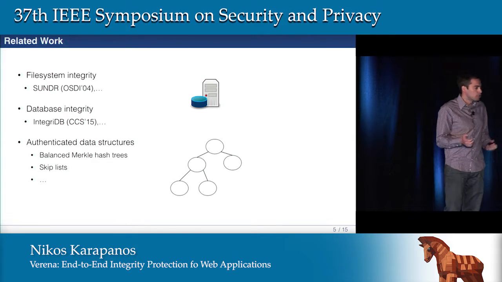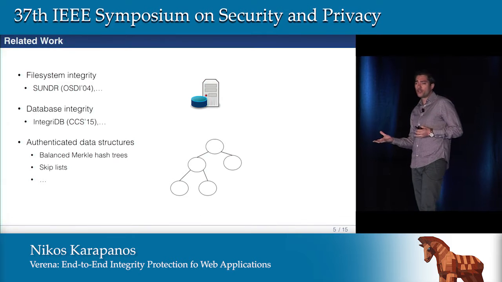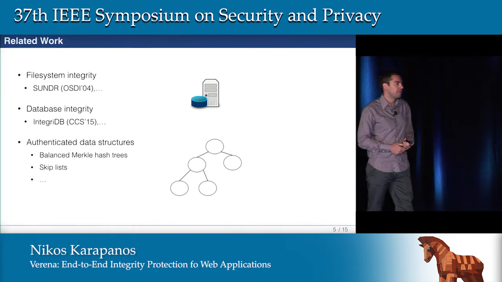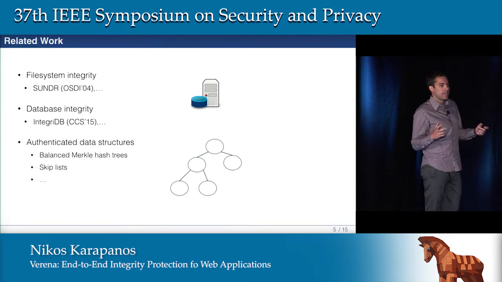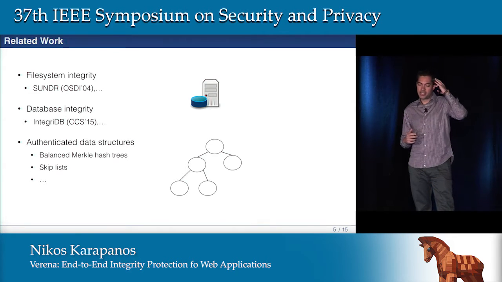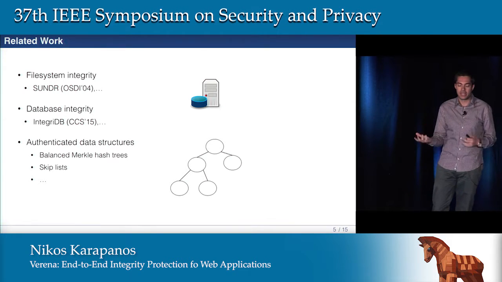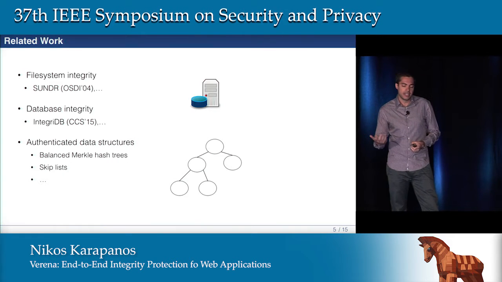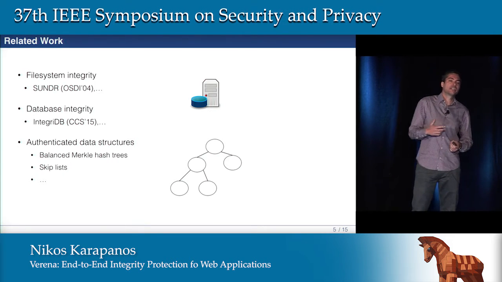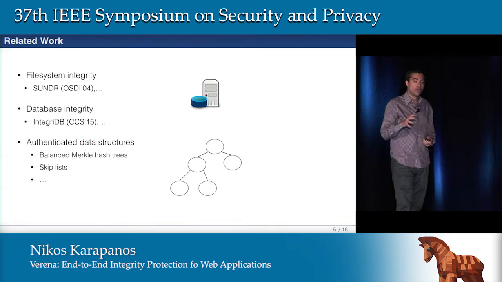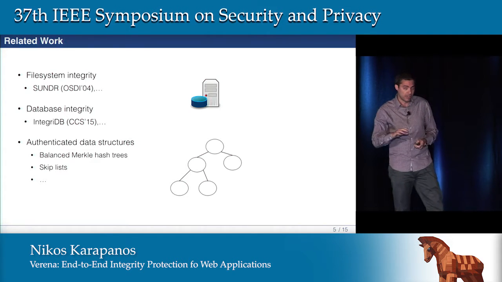Many of those papers introduce or make use of what we call authenticated data structures in order to protect the integrity of information. Those data structures come in various forms. Just to give you a couple of examples, it can be some sort of balanced Merkle hash tree or skip lists. What they essentially offer us is that we can protect the integrity of a particular query run over, for example, a database. And in our system, we do make use of and build on top of these data structures.